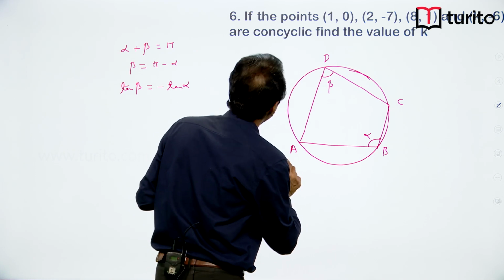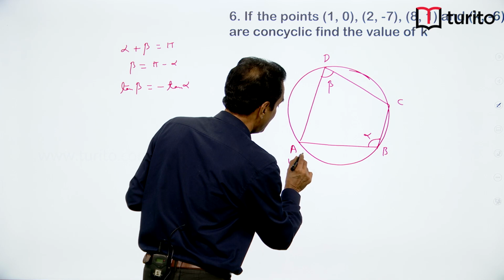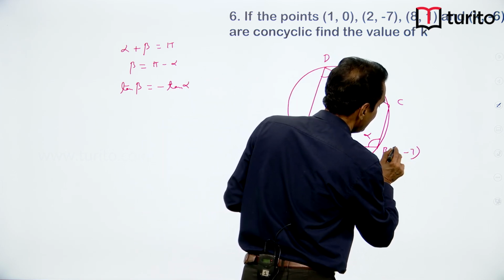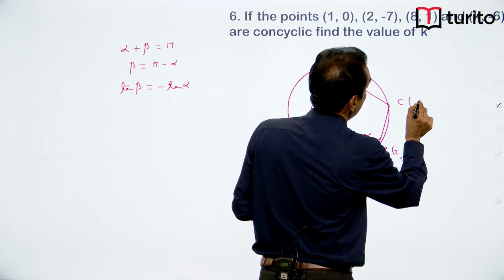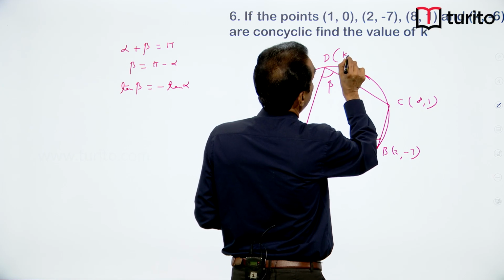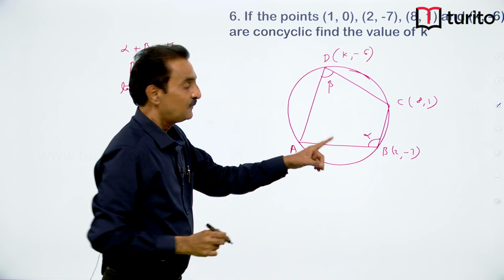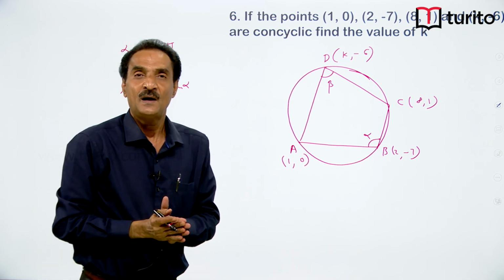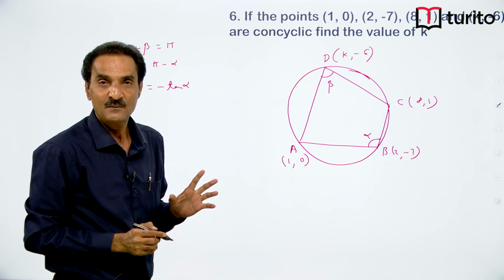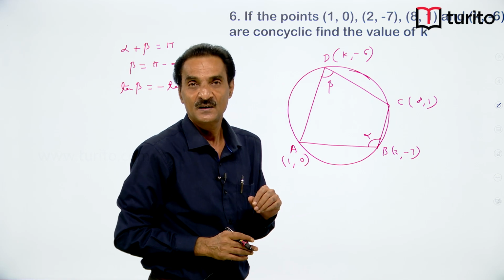If you write the points here: 1 comma 0, 2 comma minus 7, 8 comma 1, k comma minus 6. For tan alpha, I will use the formula m1 minus m2 by 1 plus m1 m2, where m1 and m2 are slopes of these two lines.